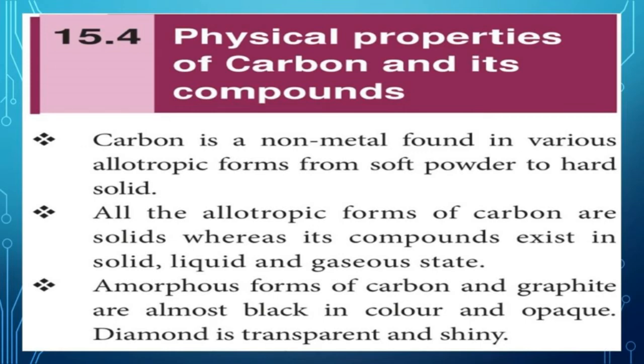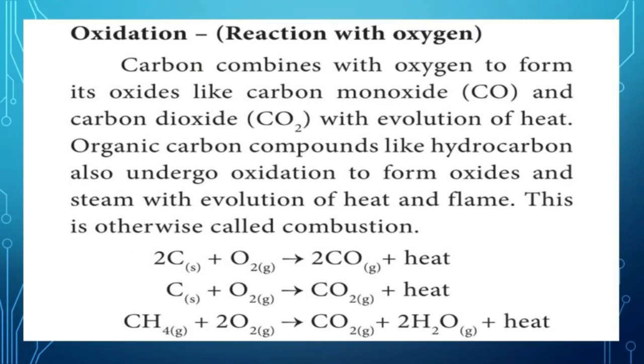All the allotropic forms of carbon are solids, whereas its compounds exist in solid, liquid, and gaseous states. Amorphous forms of carbon and graphite are almost black in color and opaque. Diamond is transparent and shiny.